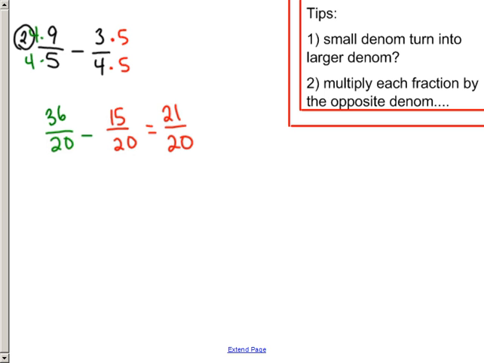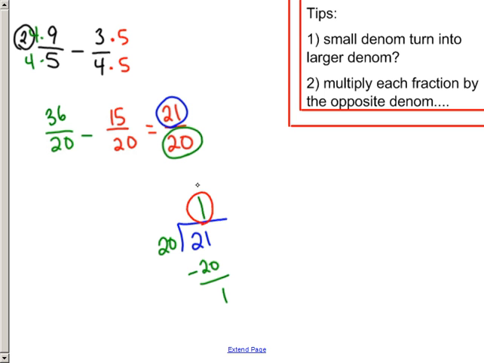So what we're going to have to do is take this top number and put it inside of the division box. Then we take the bottom number, the denominator, and put that on the outside and say, how many times does 20 go into 21? In this case, it goes in once, and we've got 1 left over.